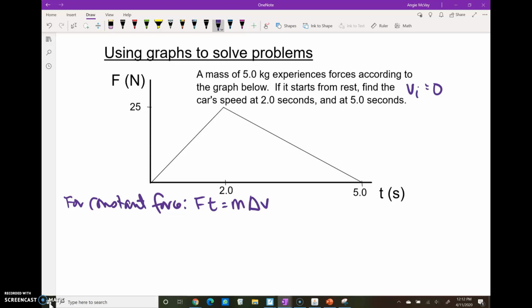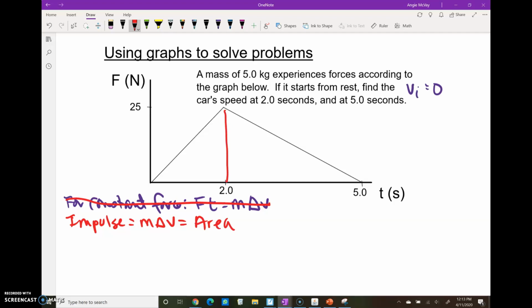No, it's increasing. So we cannot use this equation here. All right, so that's not what we can use in this instance. So instead of force times time, we can say impulse equals mass times change in velocity. And that impulse is the area under this curve.